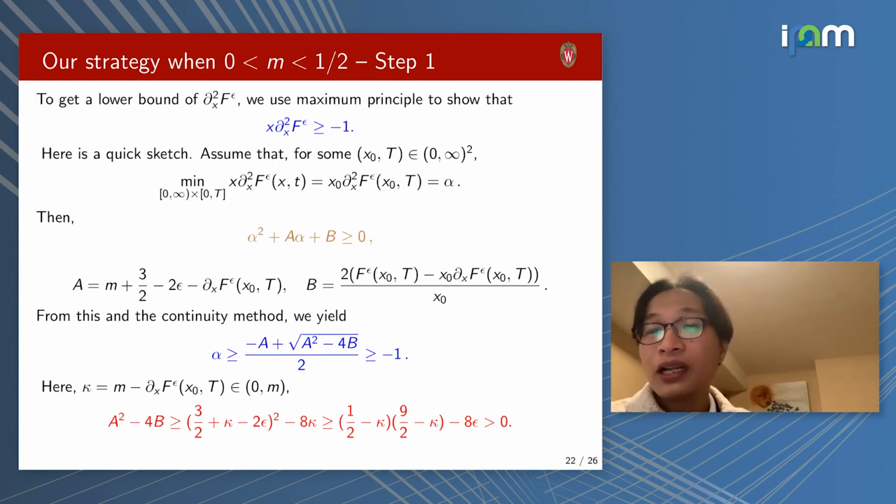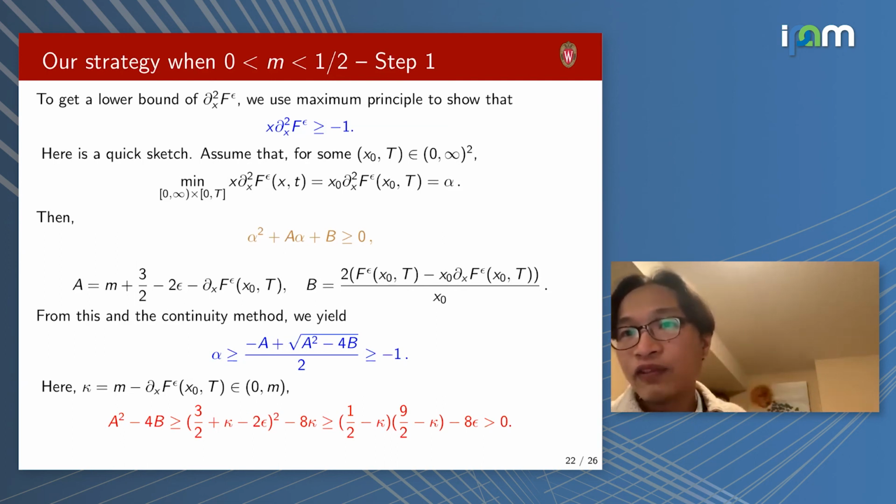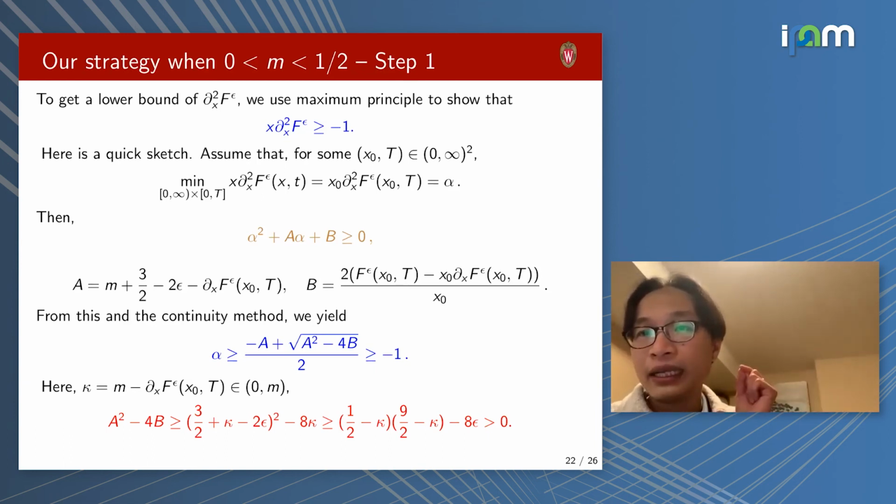So what is really hard here is that we have this one, and then we try to write out the maximum principle for that. And by careful calculation, it turns out that if we let alpha be the minimum value, then alpha satisfies a quadratic type inequality, right? So I have alpha squared plus a alpha plus b greater than or equal to 0.